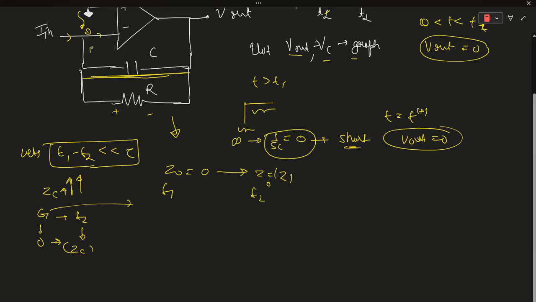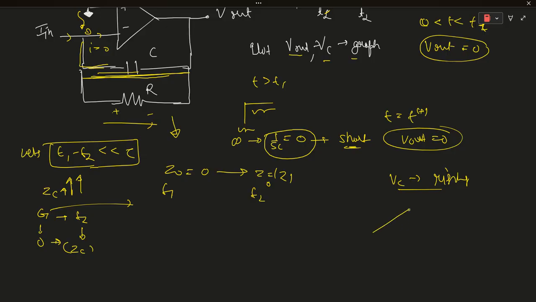So now the conclusion is this: when a current is injected, no current is flowing into this terminal. So some current will flow in the capacitor branch, and some current will flow in the resistive branch. As some current flows in the capacitor, its voltage starts rising. But how does the capacitor voltage rise?